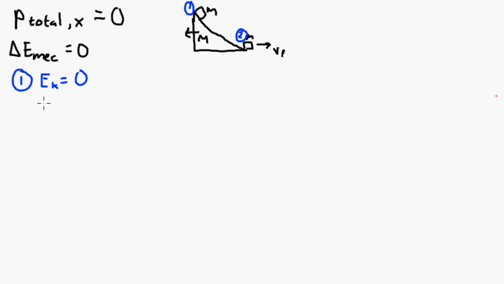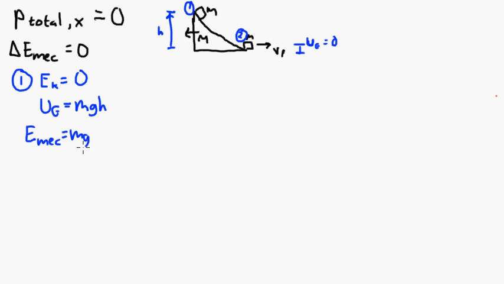For potential energy from gravity, I'm going to define this level here as my U_G equals 0 spot, which means right here at 2, potential energy is going to be 0. At 1, we're a height h above the 0 spot. So U_G is going to equal m times g times h, and total mechanical energy is going to equal mgh. Little m times g times h.